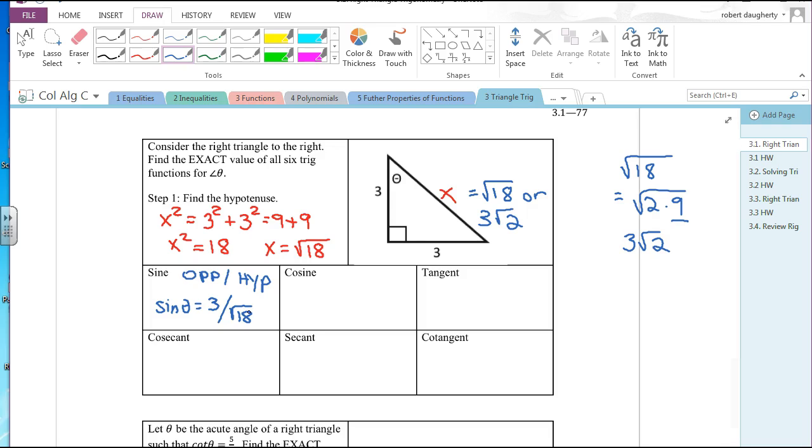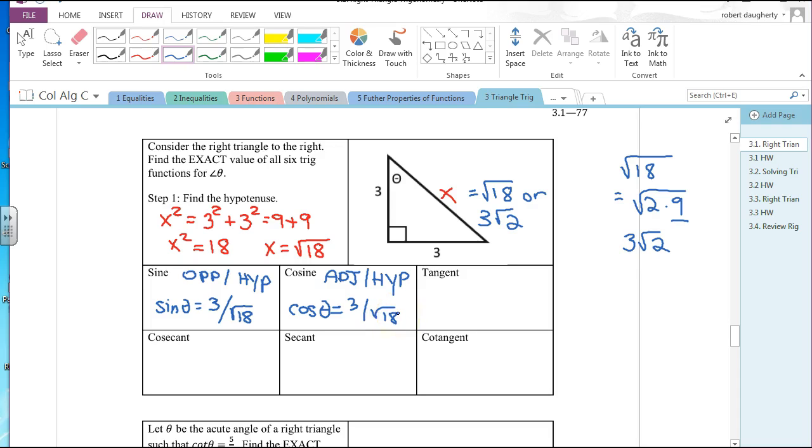Cosine, what's the definition of cosine? Cosine is adjacent over hypotenuse. I'm just writing these down. Over time, you'll get to where you know this, but I'm just writing it down. So the cosine of theta is adjacent. So which side is adjacent? This one. So it's 3 over square root of 18.